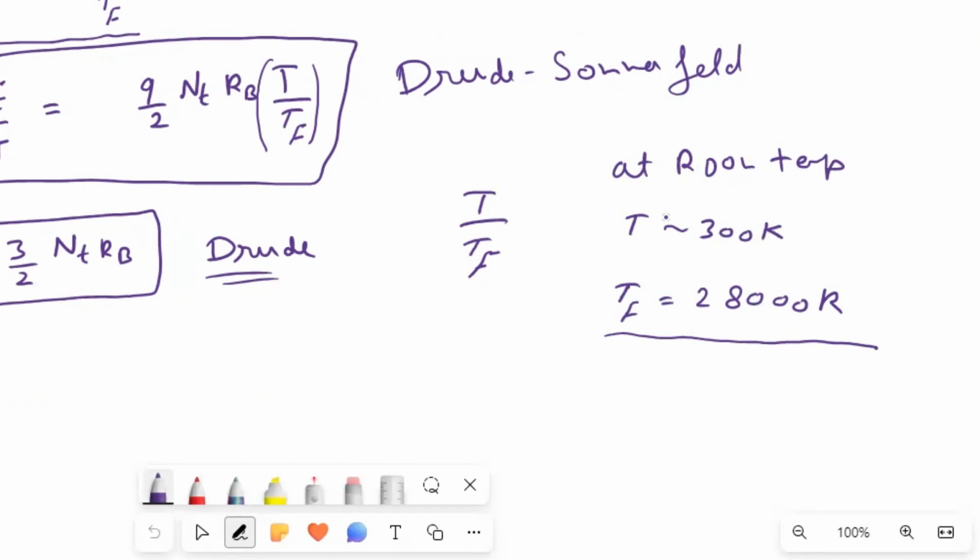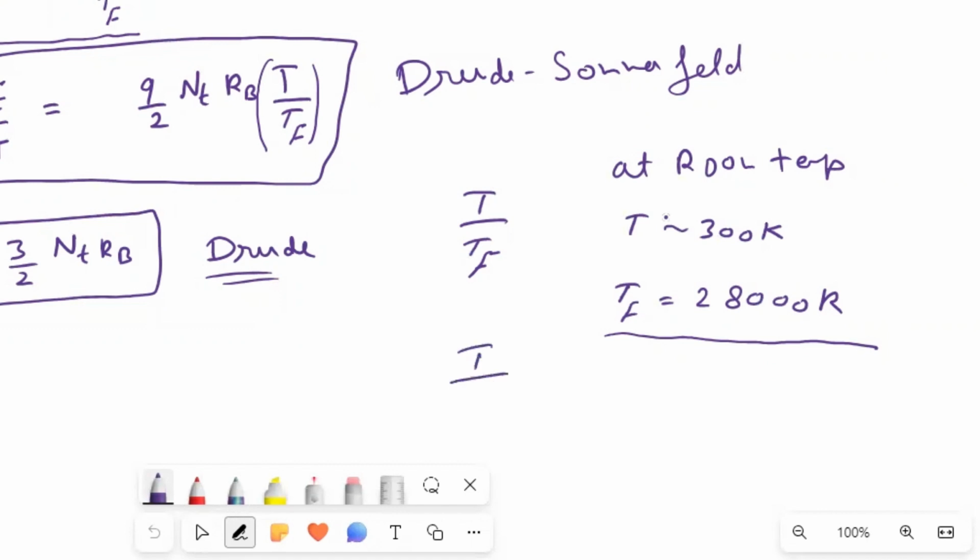Why is it so? Because there are millions of electrons, right? And we mentioned only a few electrons actually participate. So those electrons have a very high Fermi temperature, 28,000. But when we measure the temperature, we are measuring the overall average temperature, which considers all the electrons. When we average out, that is what we are measuring, which comes out to be less.